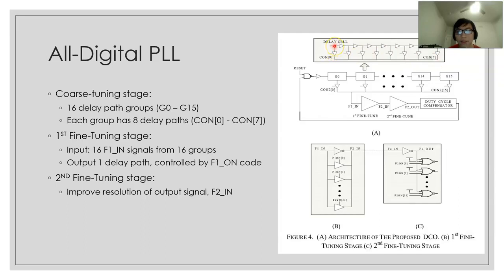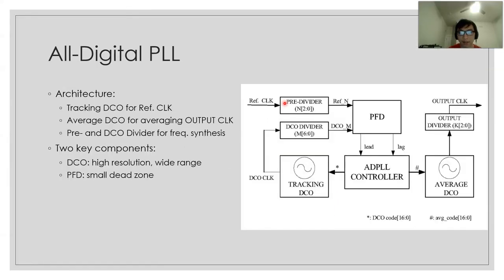For example, between each path group, there is an inverter to increase the delay to the signal. According to the controller previously shown here, the all digital PLL controller, they will use the DCO code to produce an average code for the average DCO.